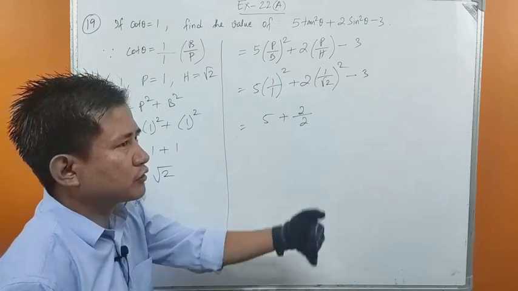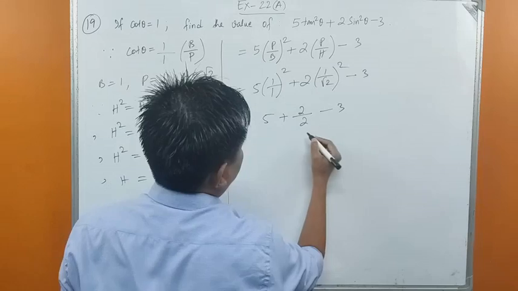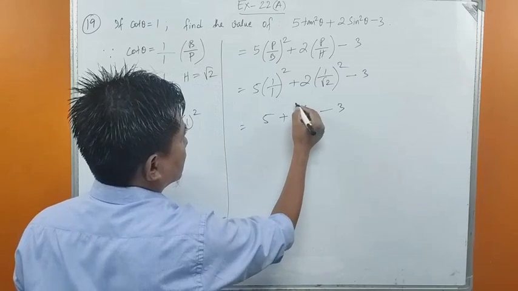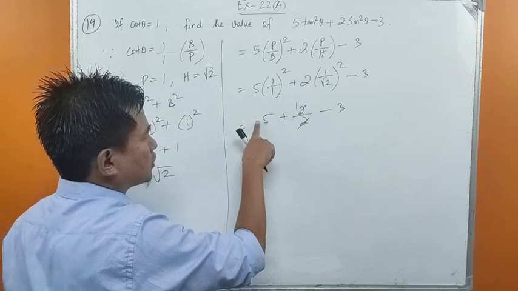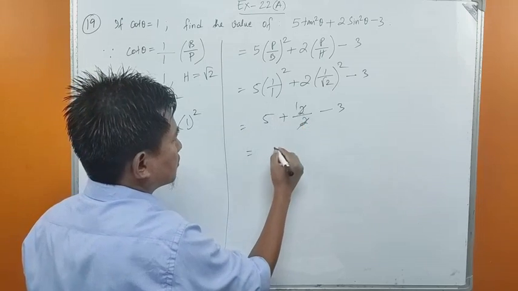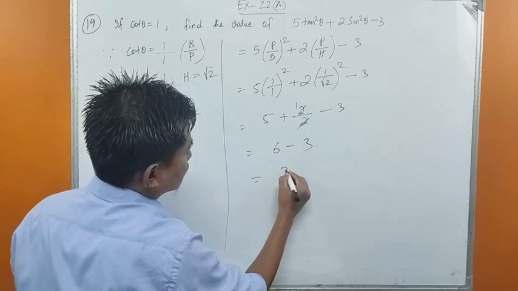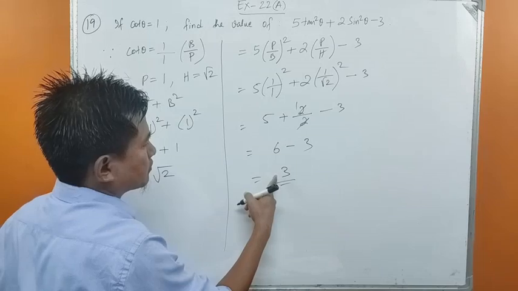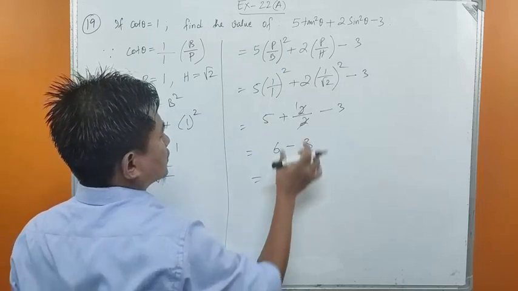Root x into root x is x. Now we have minus 3 here. This 2 and 2 can be cancelled, so we have 1 here. So 5 plus 1, this 5 is positive, this 1 is also positive. 5 plus 1 is 6, minus 3. 6 minus 3 is 3, isn't it? The sign of the greater number comes here, positive. So the value of this expression is plus 3.